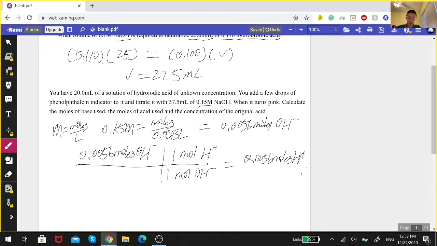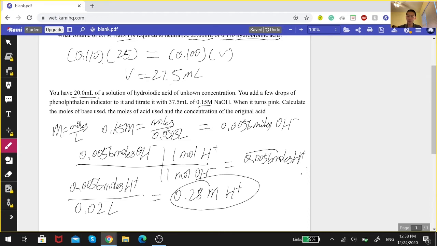Finally, we use 0.0056 moles of H plus divided by the liters, which we're given as 0.02 liters, and that gives us 0.28 molar concentration of H plus.